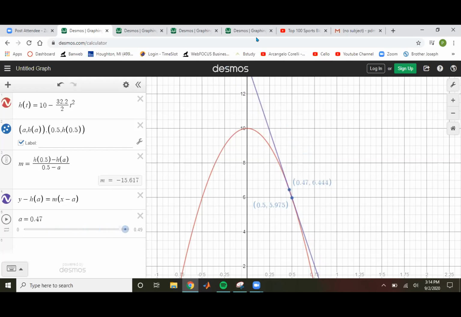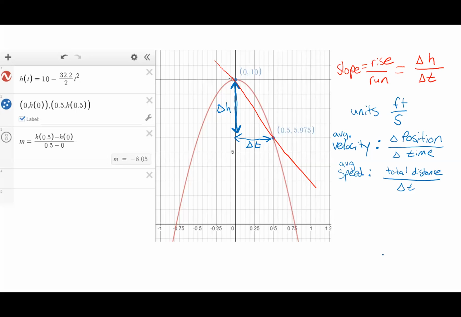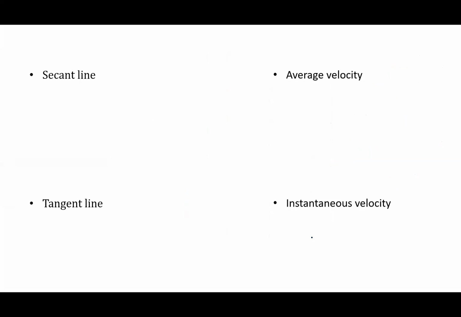Okay, so let's go back to our notes. And a secant line, going back to our picture: if you pick 2 points on some curve and draw a line through it, that's a secant line.